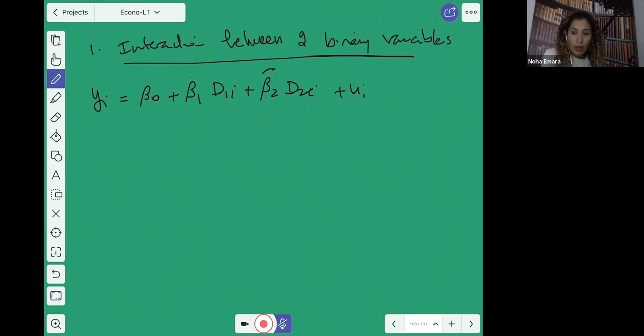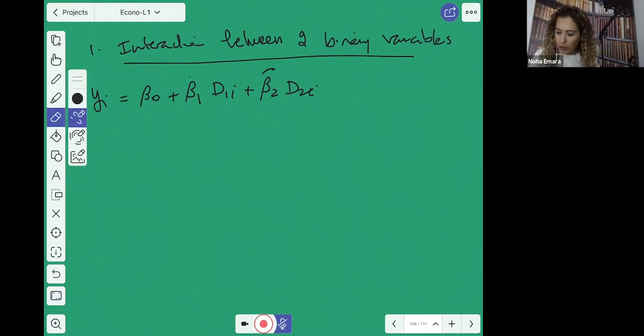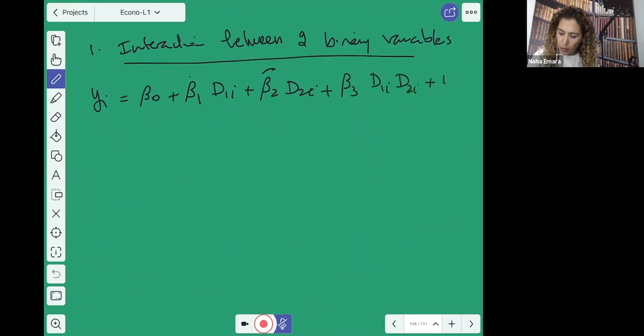Now, if I want to add an interaction term, then I would have to update this model by adding a multiplication of the two. So plus beta 3 d1i multiplied times d2i plus ui, right? Again, this is the interaction term or the interacted regressor. You can call it either, it doesn't matter.